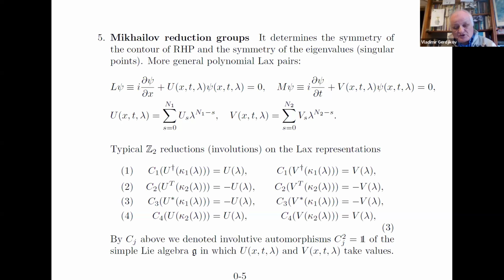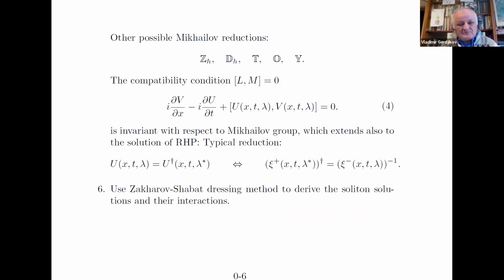We may have also more complicated choices for the Mikhailov reduction group. And when we apply the Mikhailov reduction group, not only the contour, but also the discrete eigenvalues or the singularity points of the Riemann-Hilbert problem must be invariant with respect to it. So what are the possible choices for Mikhailov reductions?